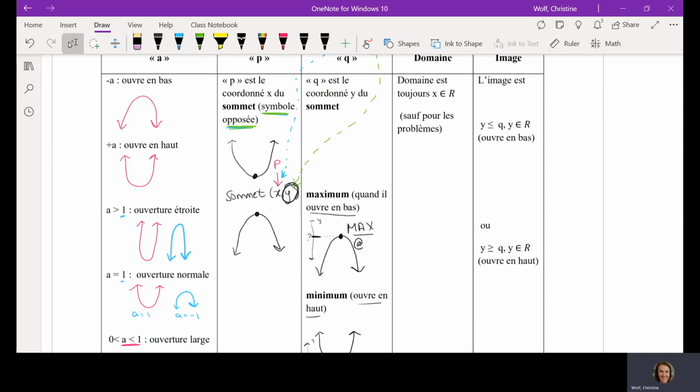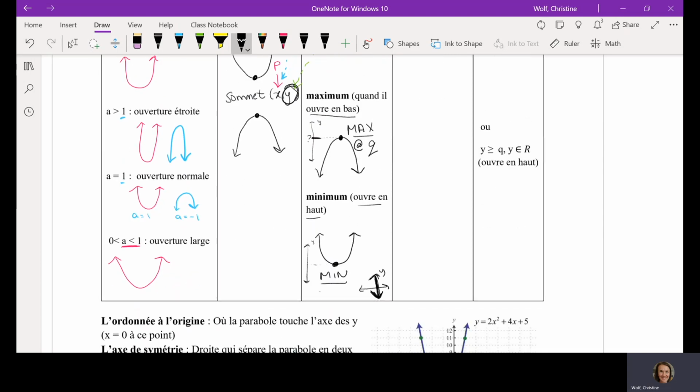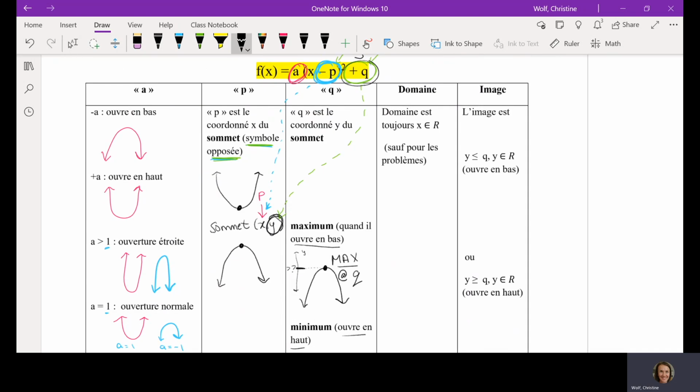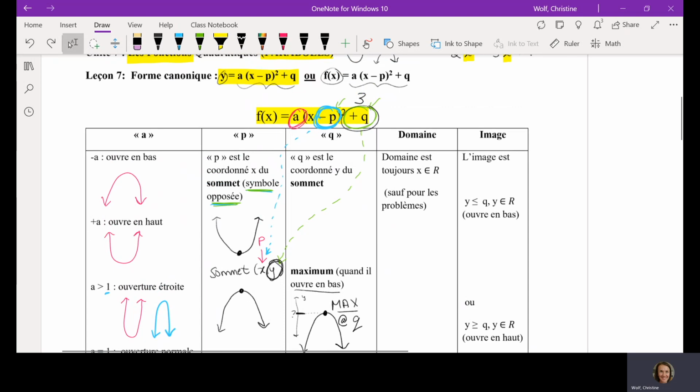So ça c'est pourquoi ça c'est dans la colonne de Q ici, because we can always just say this is max at the Q. Whatever the Q letter is actually the Y letter plus where the max is. Okay? Même chose ici, ça va être un min à Q. So si comme dans la formule, if Q was 3, for example, and it was ouvre en bas, we would know that it would be a max at 3. That's it. Okay? All right.